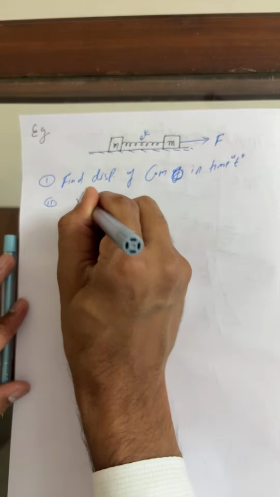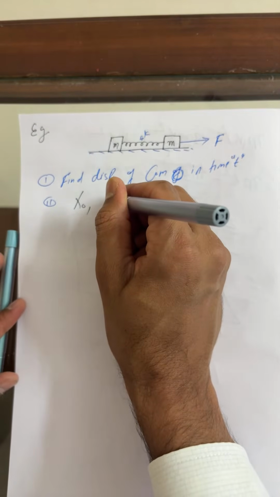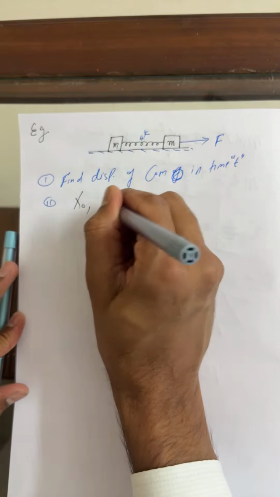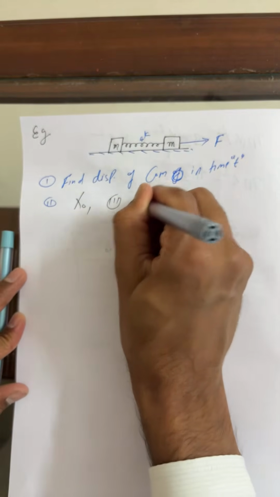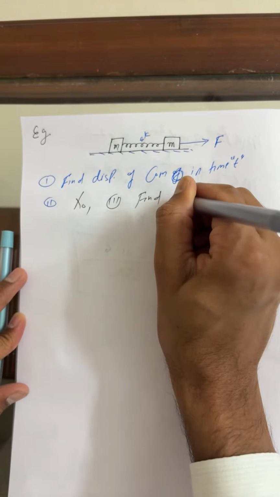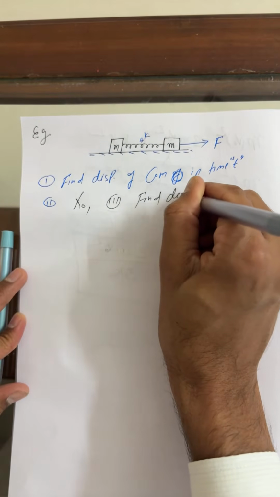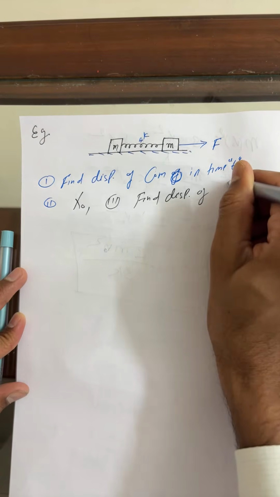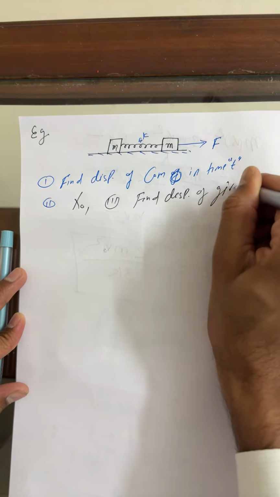You have to find x naught and find the displacement of the two blocks at this instant. In third, find the displacement of the given blocks.